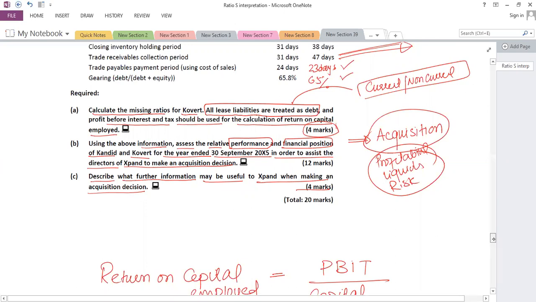We don't have any intangible information, so you can talk about goodwill and other stuff, and you can get 4 out of 4 marks. So this is the complete postmortem of the complete question.